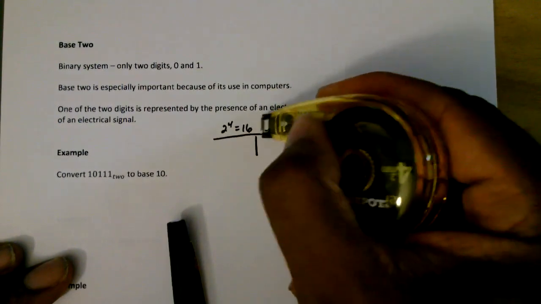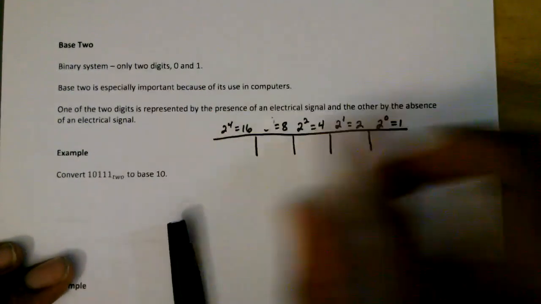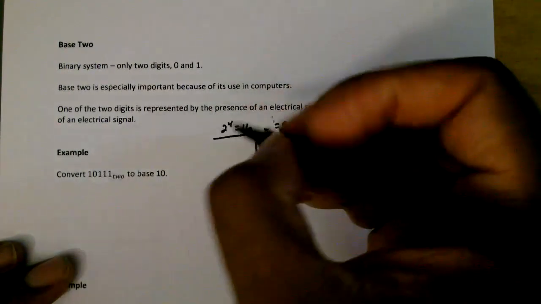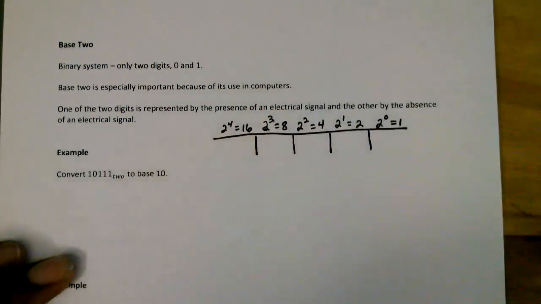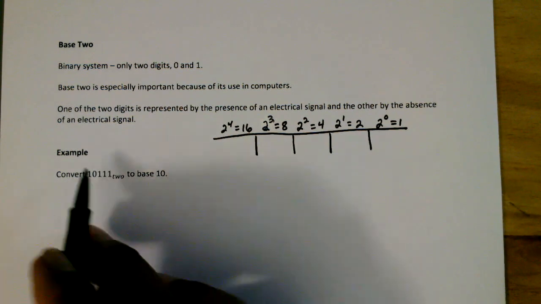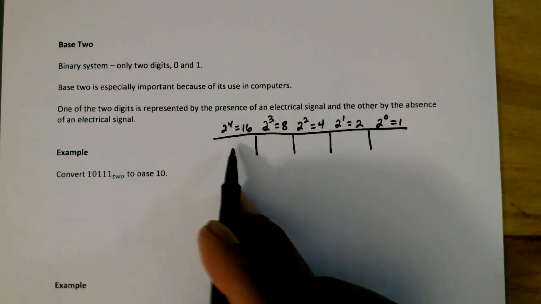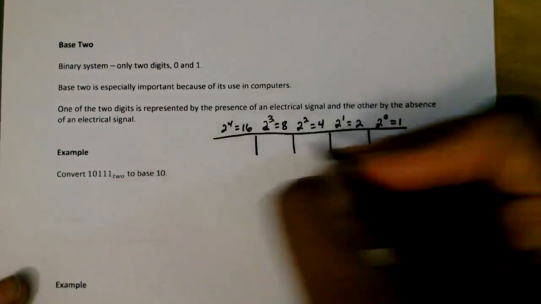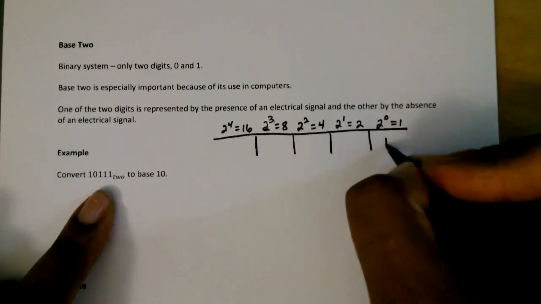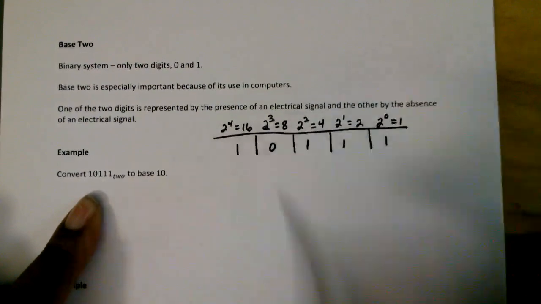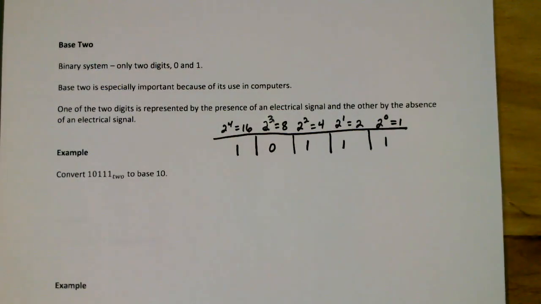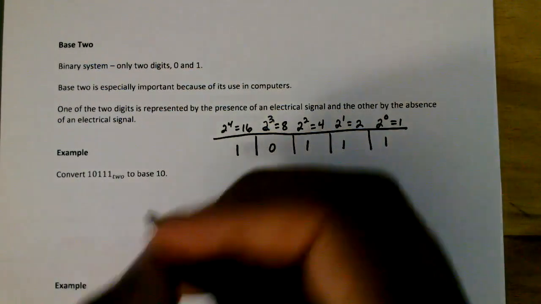Okay. That's actually 2 to the third. And if I want to put these digits in their proper place value position, like, let's see, 1 goes here, 1 goes here, 1 goes here, 0, then 1. I want to convert that to base 10.